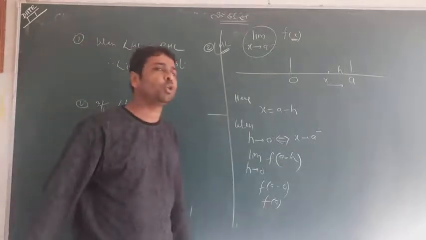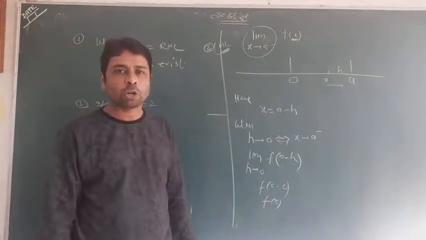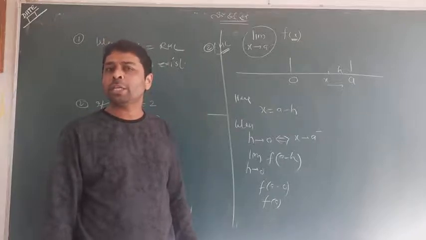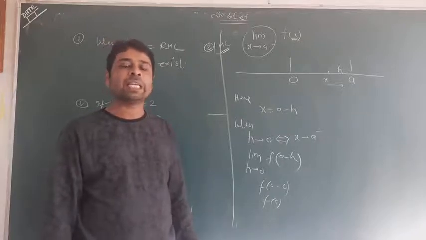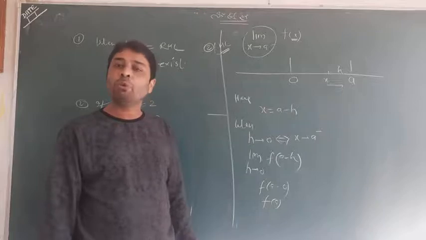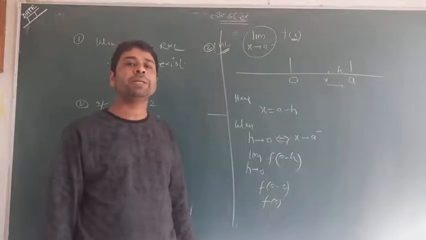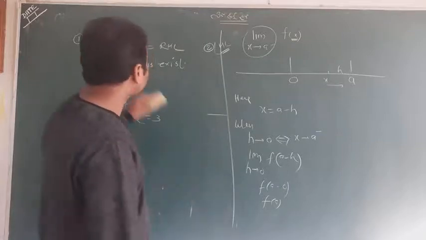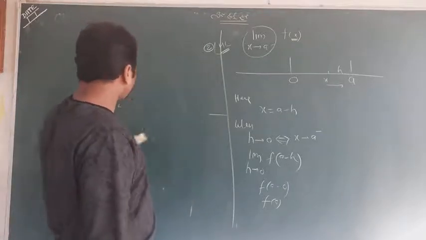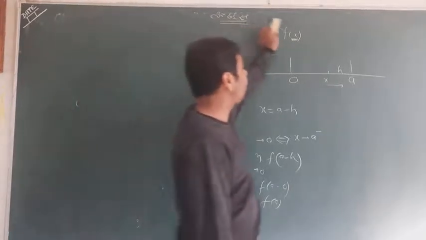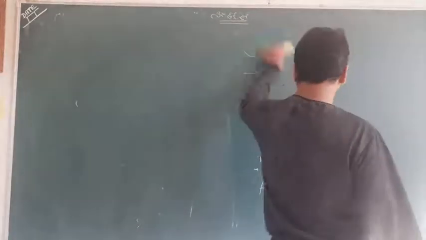Again we say both are not equal, meaning limit does not exist. So keep these two sentences in mind. When both limits are equal, limit exists. When both limits are not equal or coming infinite, it means limit does not exist. Okay, so these were the concepts. Whenever you are told to find the existence of limit, you will go through this.